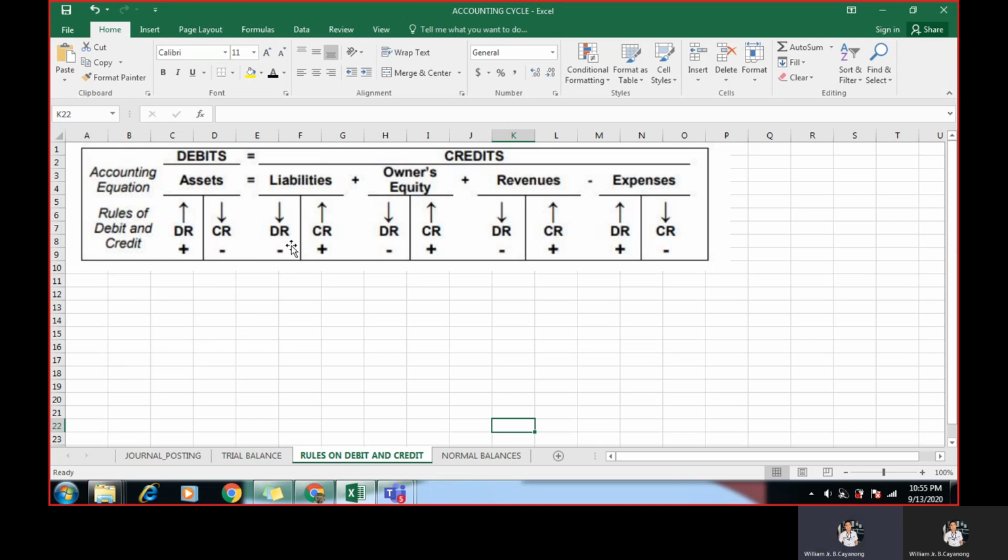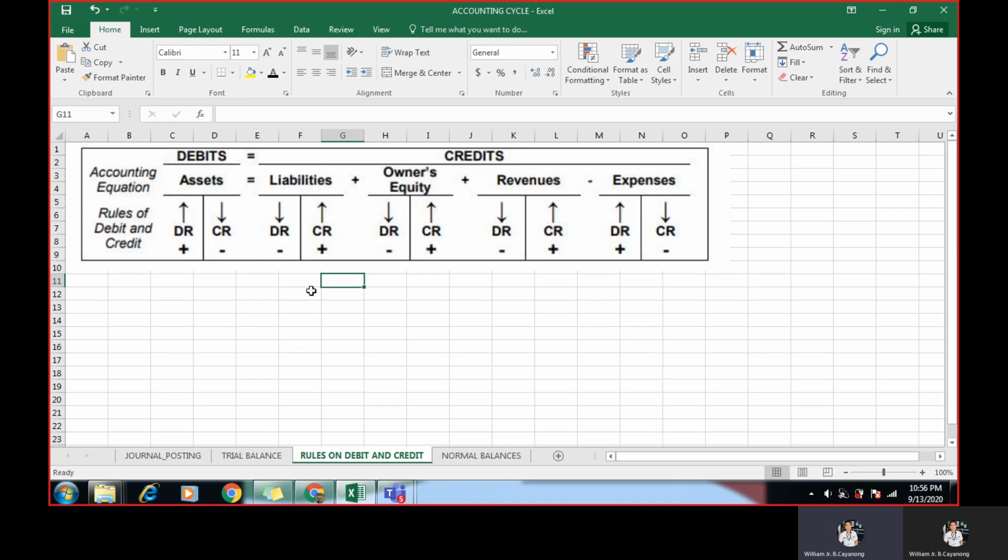When debited. For example, we bought office supplies on account, so nag-increase yung liabilities natin. When we pay the office supplies na inutang natin, we have to debit it.